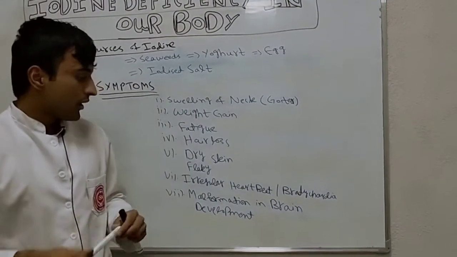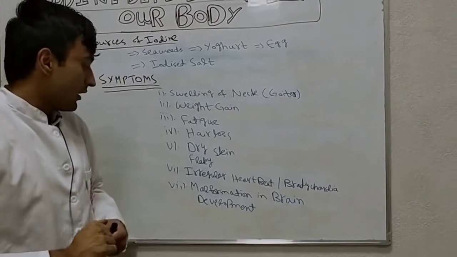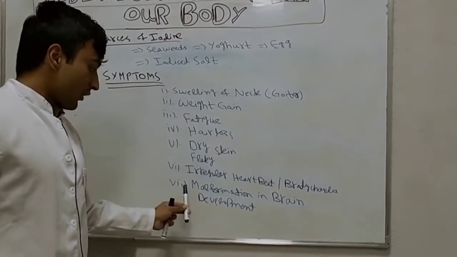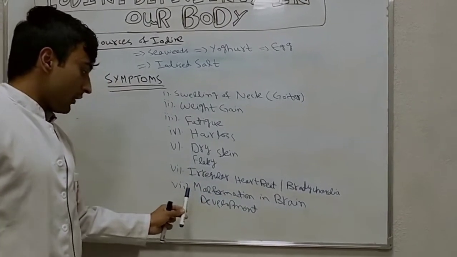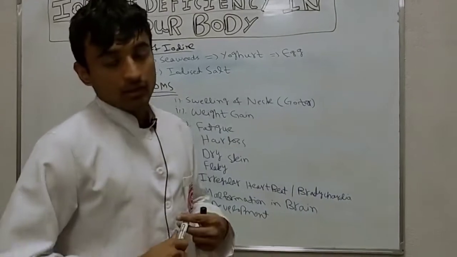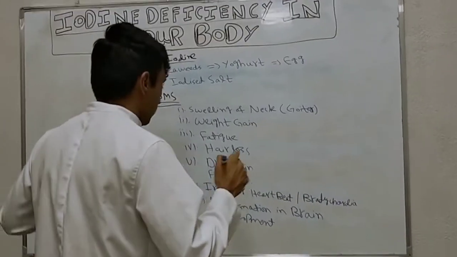If thyroid hormones are deficient or not present in abundant amounts, there would be malformation in our brain development, and also a hindrance in our learning as well.